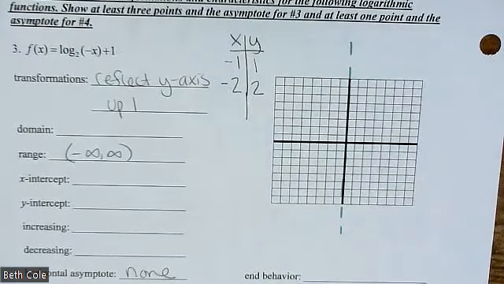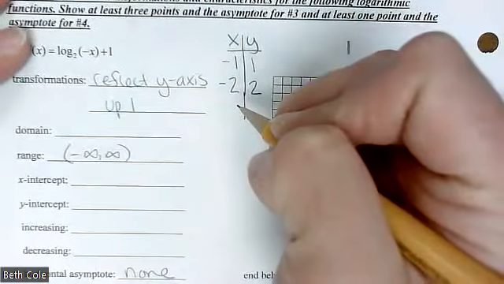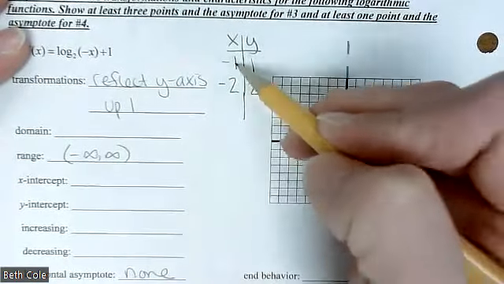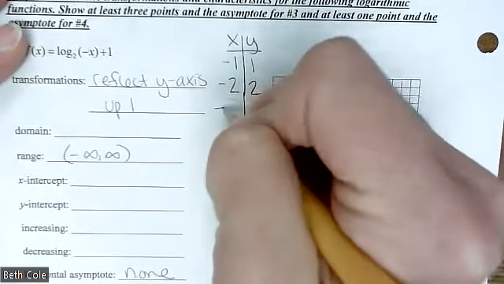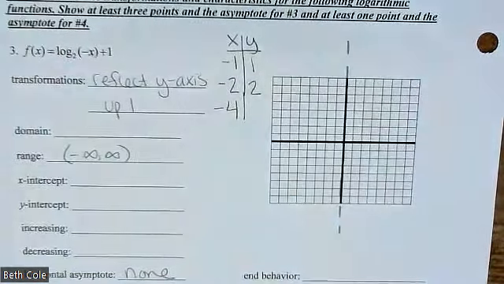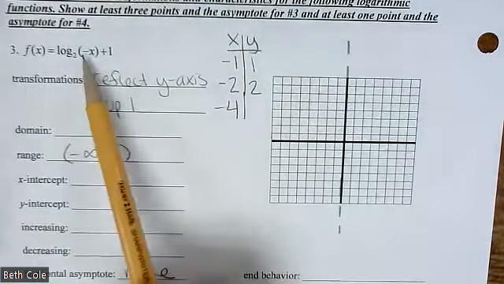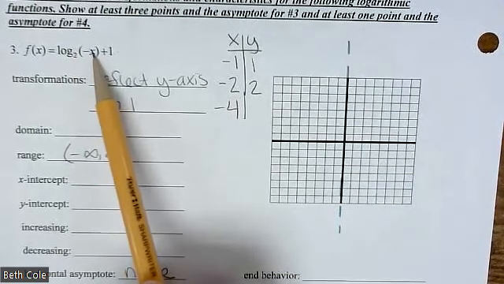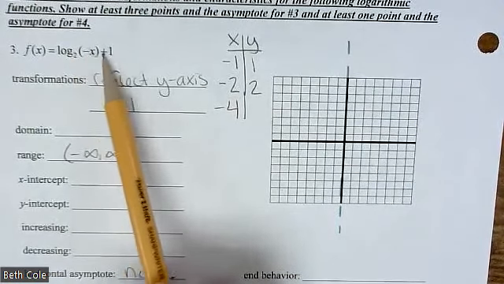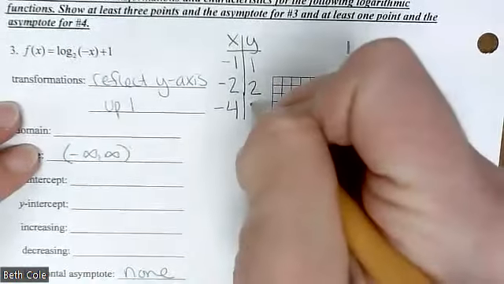What's the next one we could actually do without a calculator? Well, we did -1, -2, -3 won't work, so the next one in line would be -4. Let's try -4. Because I think that one will be good. If you plug that in, negatives cancel, you just get 4. 2 to what power gives you 4? Good. 2 plus 1 is 3.